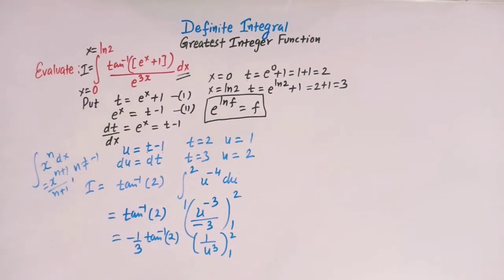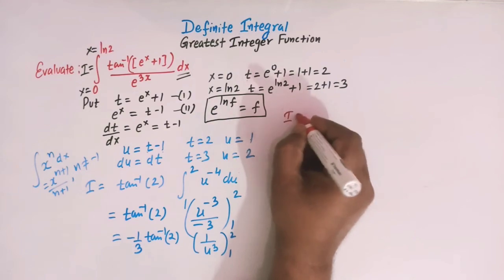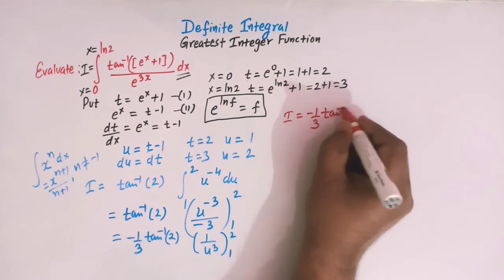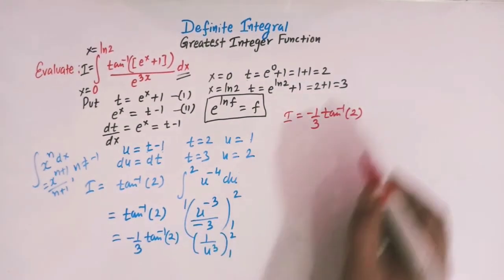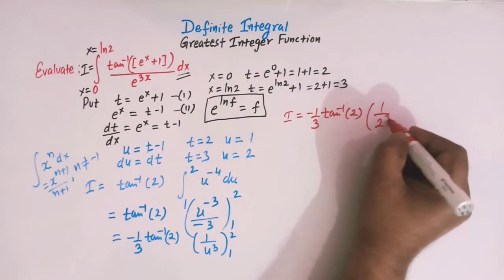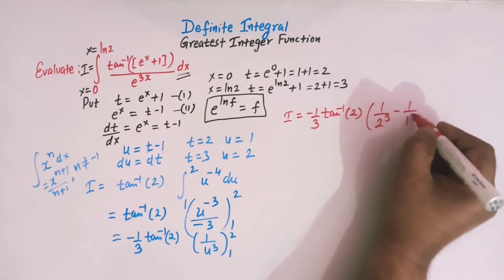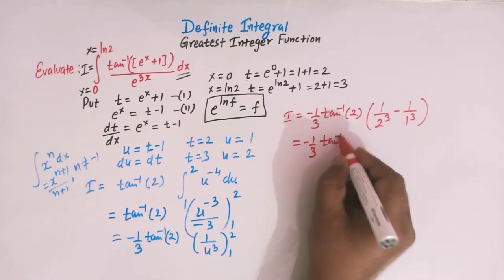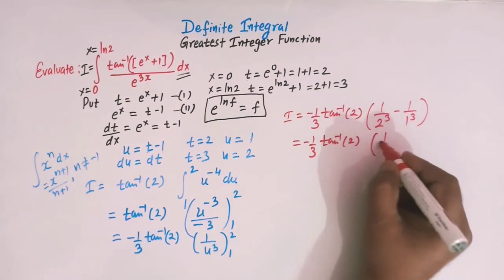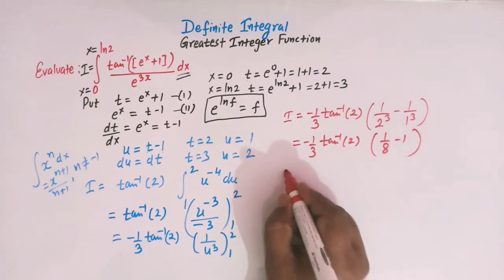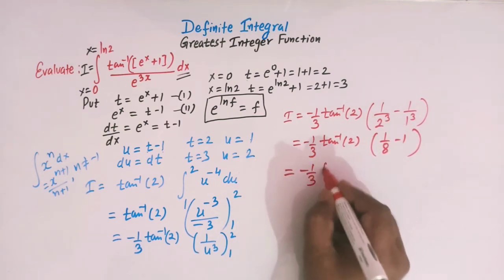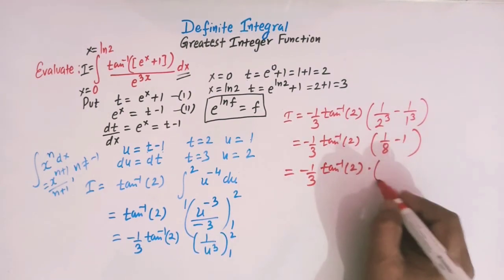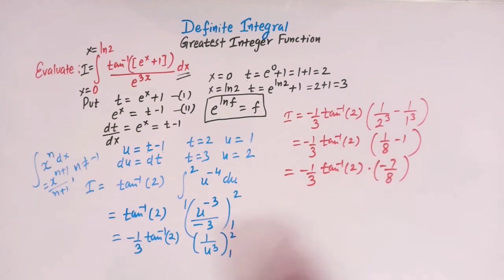Substituting the limits, we have minus 1 over 3 tan inverse of 2 times 1 over 2 cubed minus 1 over 1 cubed. This is 1 over 8 minus 1, which is minus 7 over 8.